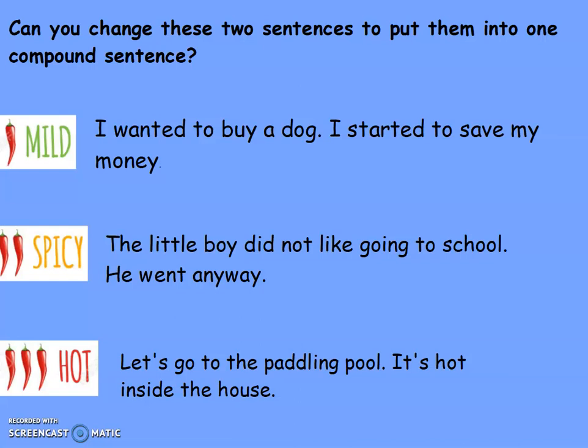And the hot challenge is let's go to the paddling pool. It's hot inside the house. Remember, when you're creating a compound sentence, you need to use a conjunction and a comma, like we did with the previous Batman example. The comma should come before the conjunction. Pause the video lesson to give you time to complete this task and press play when you're ready to carry on.